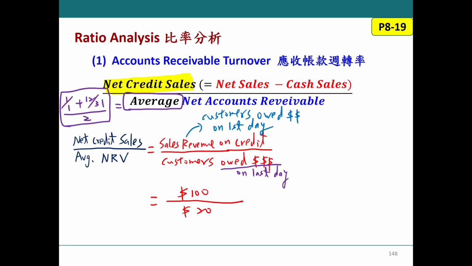For example, at the beginning they owe you $100. After 1 year, they only owe you $20. So that $100 is what they owe on the first day, and $20 is what they still owe on the last day.